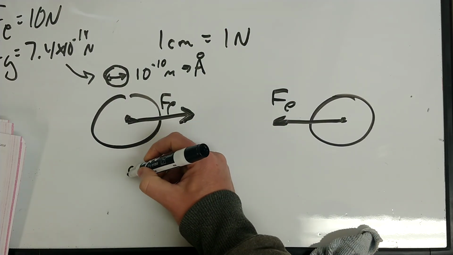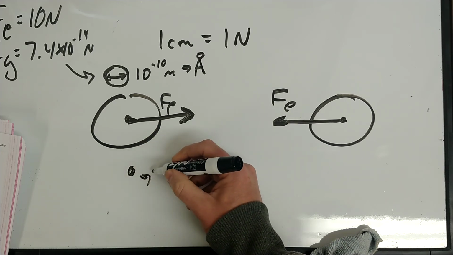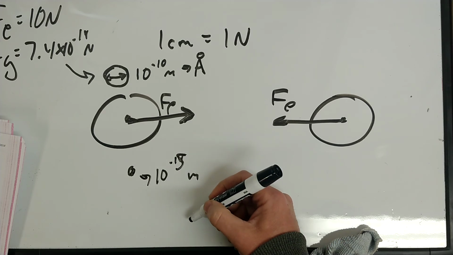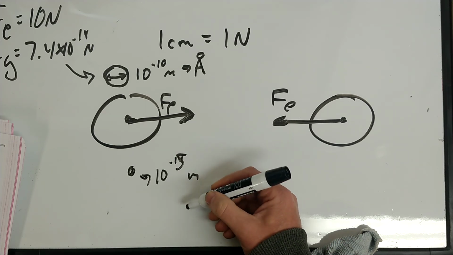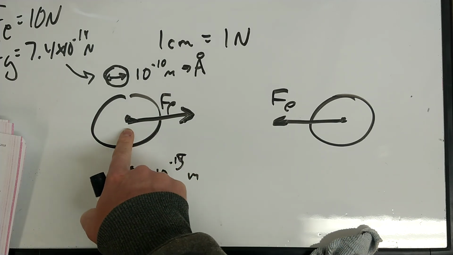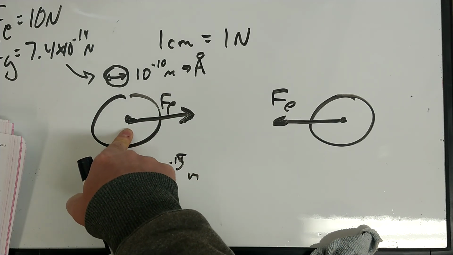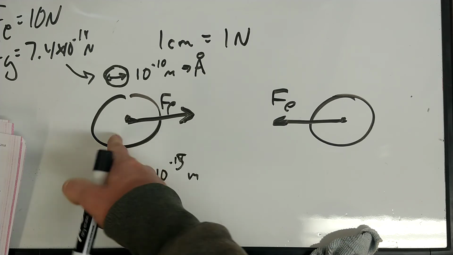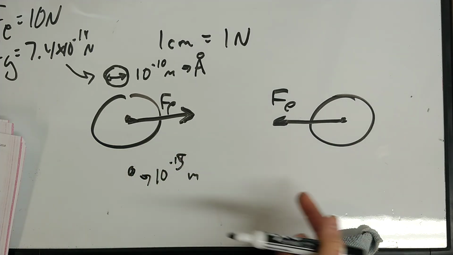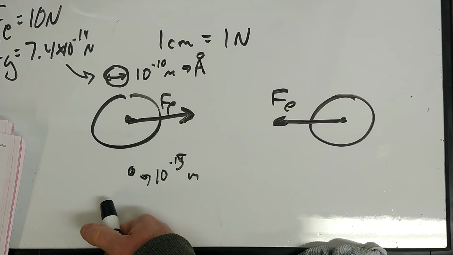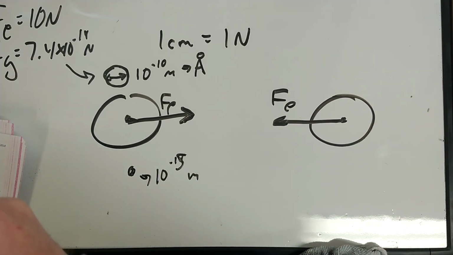The nucleus of an atom is closer to 10 to the negative 15th meters, a femtometer. So in order to draw the force of gravity to scale, I'd have to draw the vector smaller than an atom of ink. Can't do it. So the gravitational force is utterly insignificant as compared to the electric force, which is a really cool result.